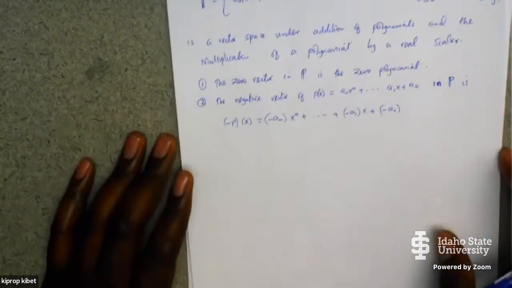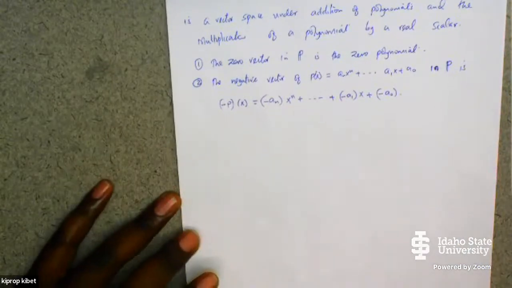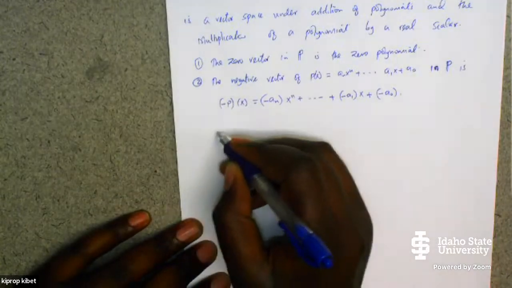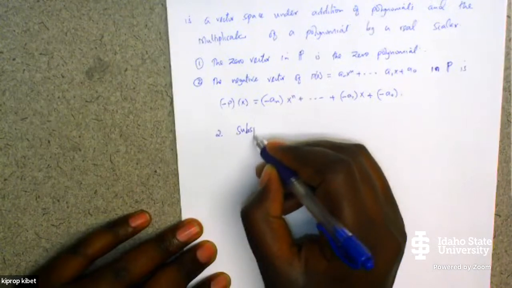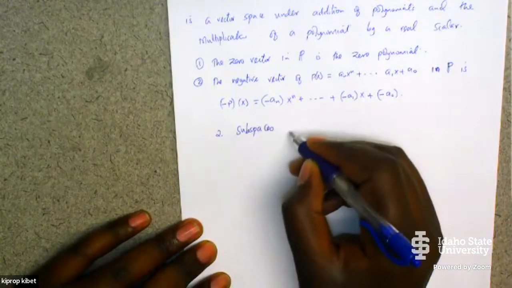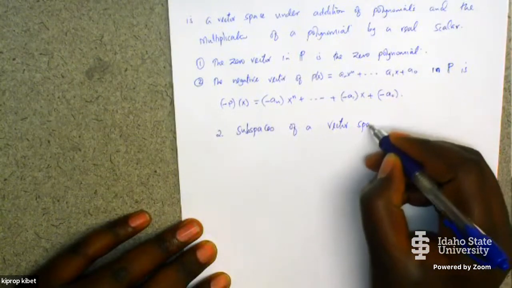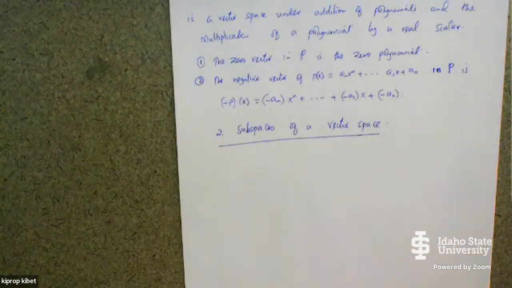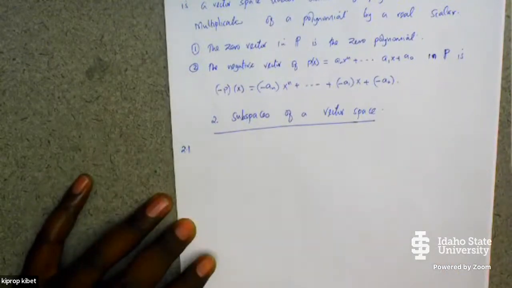Okay, now let's come to the next section. This section we have already done, but we can still review it. So number 2, the subspace. Subspaces of a vector space. We already defined this, and let's just review it.